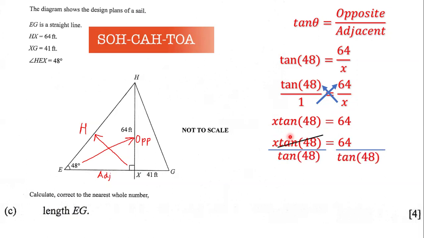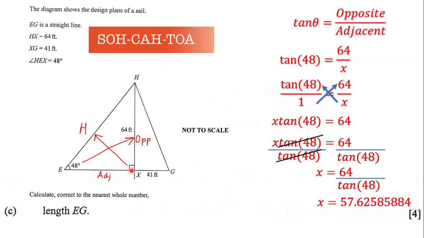This cancels with this, and we're left with x is equal to 64 over tan of 48. When you do 64 divided by tan of 48, you get 57.62585884. And that's what x is, that is the length EX.